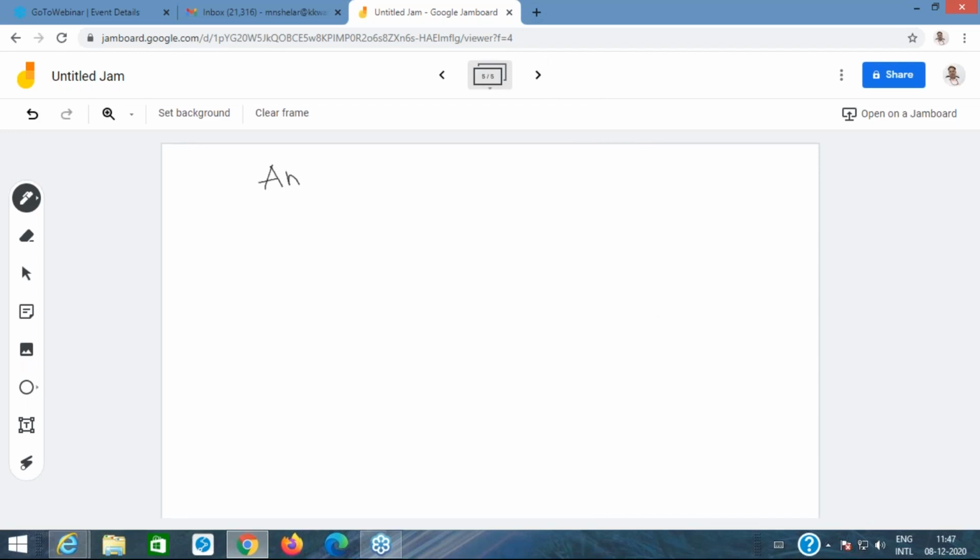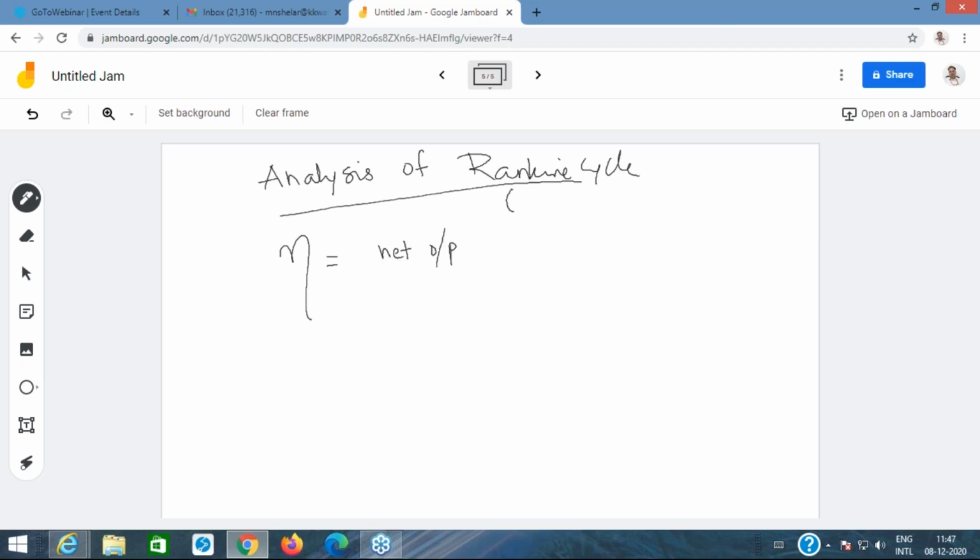Now, analysis of Rankine cycle. The objective is to get an expression for efficiency. I need to find the term for efficiency. Now, efficiency for this would be the net output upon the heat supplied. This is a heat engine, right?